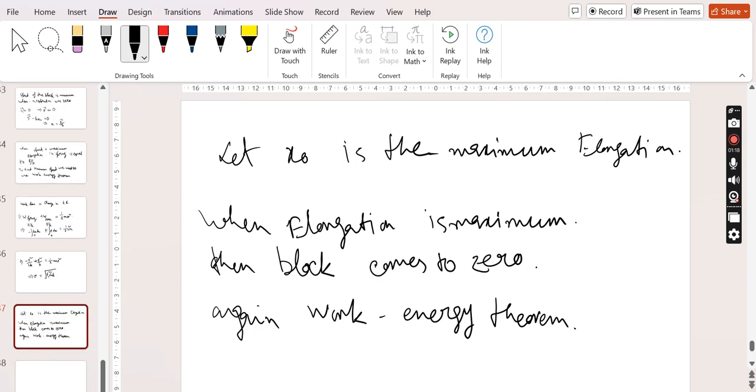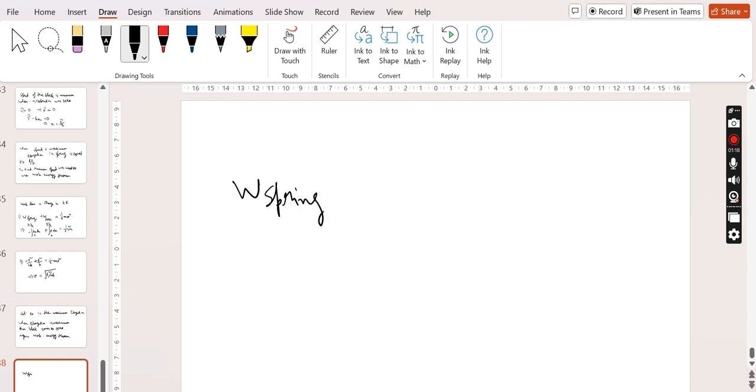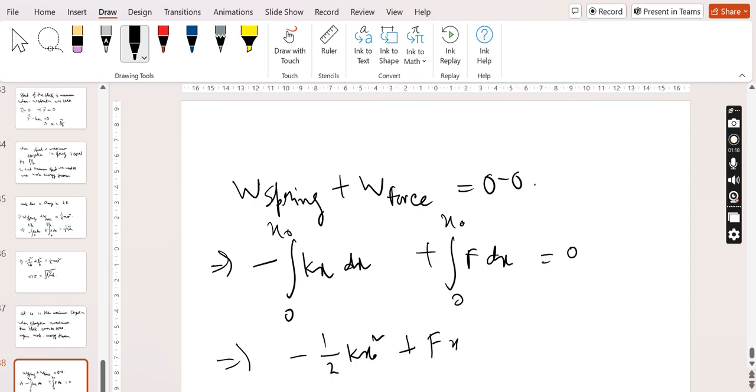The work done by the spring and the force F, with the integration from 0 to x naught, gives minus half of k x naught squared plus F x naught equals 0.